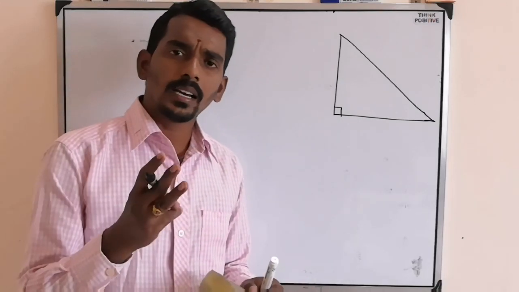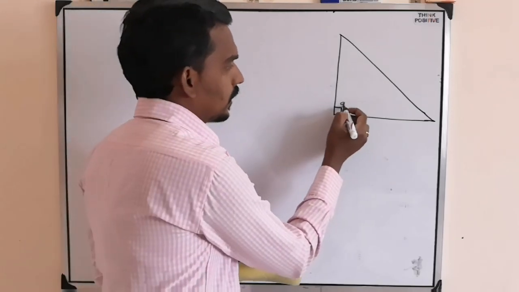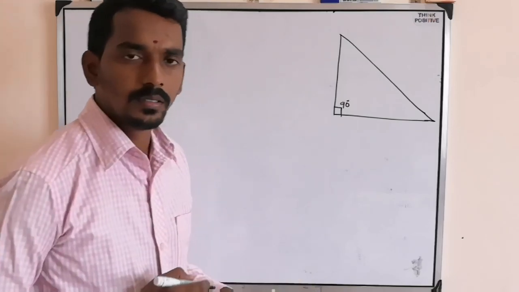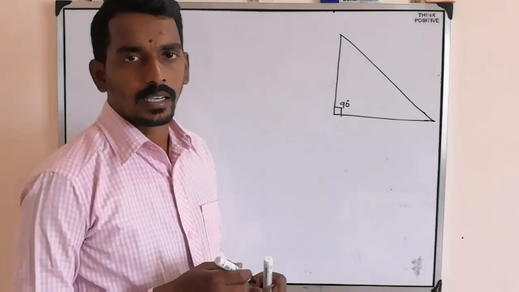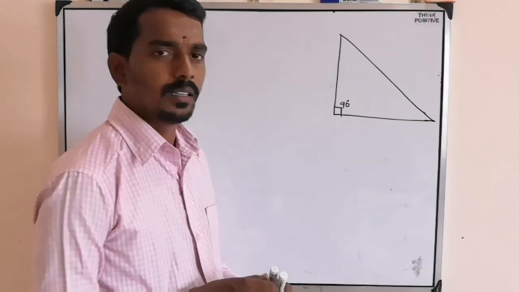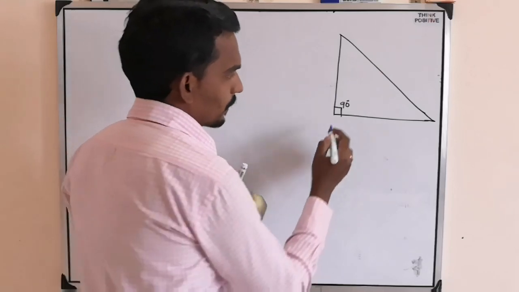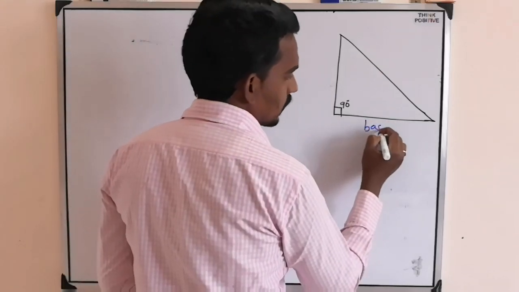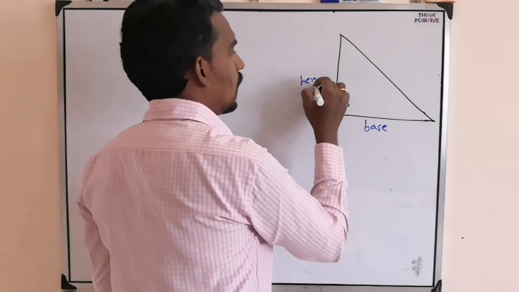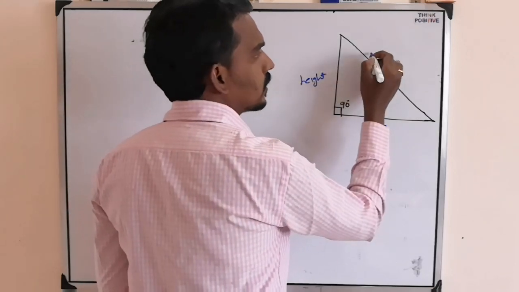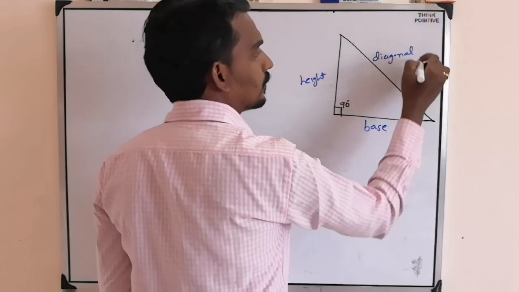Out of three angles, if one angle is 90 degrees, then that triangle is called a right angle triangle. For that, we will take three things: this is called base, like a support, this is height, and this is hypotenuse, or you can take it as diagonal.